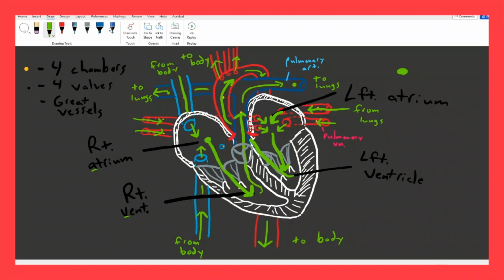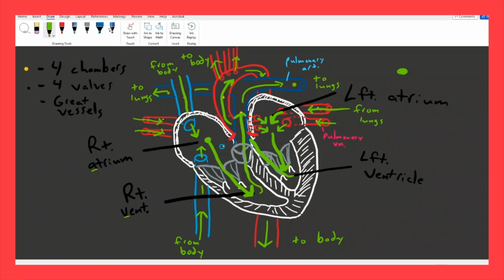And notice that I'm back where I started. So let's say, just for the sake of an example, that I pump that blood up to my brain so I could get some oxygen to my neurons in my brain so I can think about this highly complex pathway of blood through the human heart.